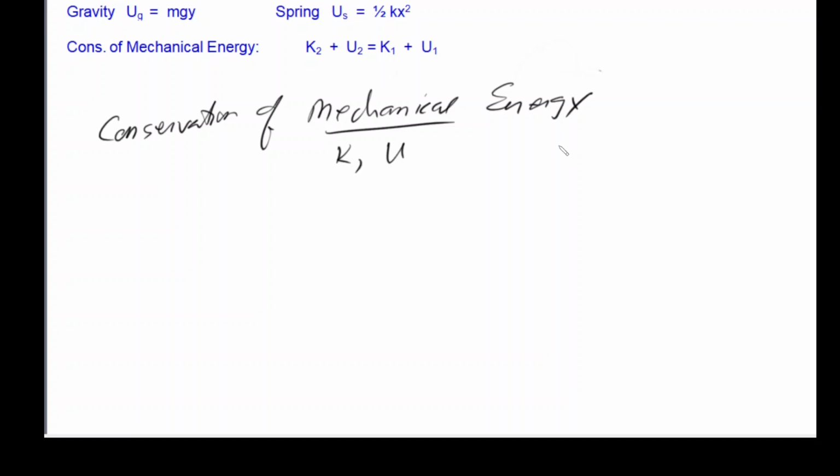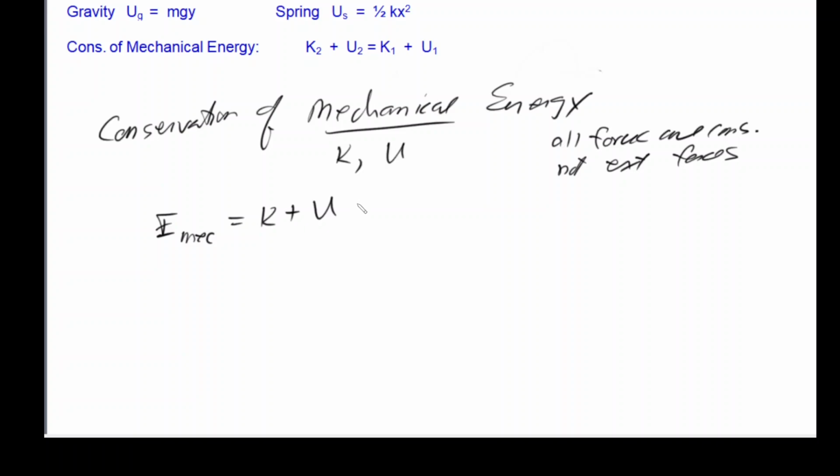And we're also going to assume that all forces are conservative and there are no external forces acting. So basically, mechanical energy is equal to kinetic plus potential energy, and that remains constant. Energy cannot be created or destroyed. It can only be transformed.